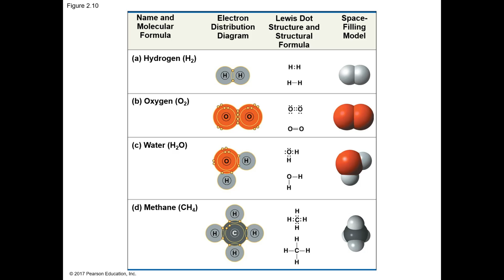You have the Lewis dot structure showing the sharing of electrons between each of the hydrogens and the oxygen. You have the dashes represented below because there's only one set of bonds between the hydrogens and the oxygen, so it's just a single bond or a single dash between each hydrogen and the oxygen. And then you have your space filling model showing the relative size of each of the atoms compared to each other and roughly how it's bent in three-dimensional space.